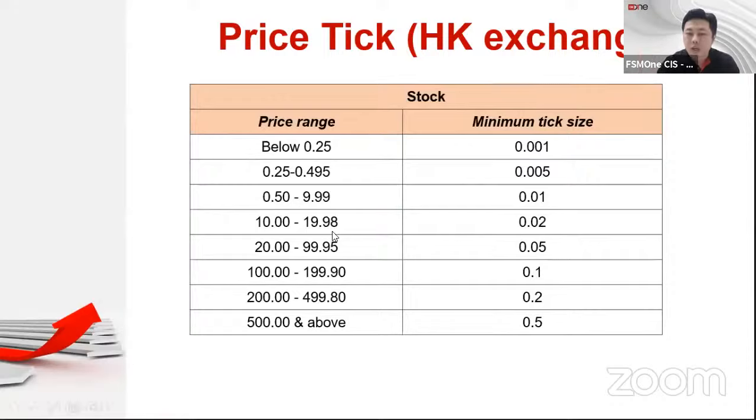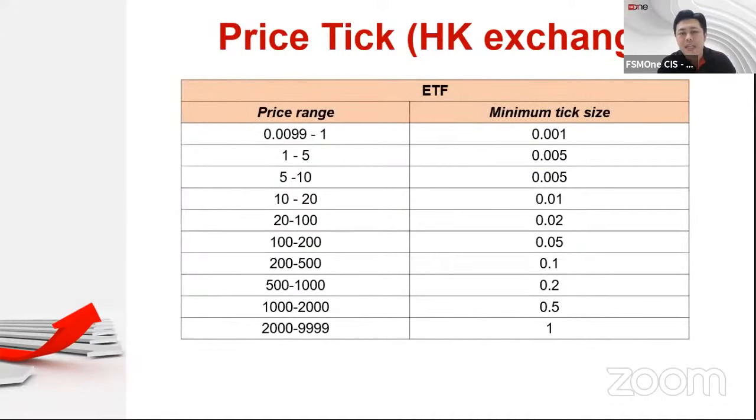But do not worry. You do not need to remember all these minimum tick sizes, because when you click the plus and minus button on the order page in our platform, we will automatically help you simulate the tick size already.